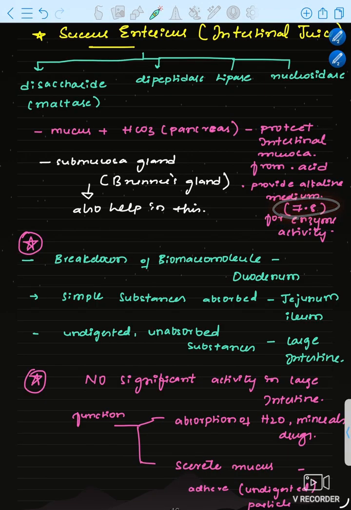See, quickly recall: in the mouth 6.8, in the stomach 1.8, and in the intestine 7.8.